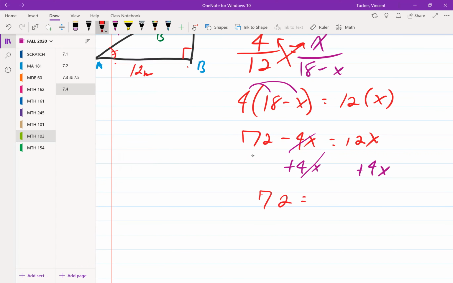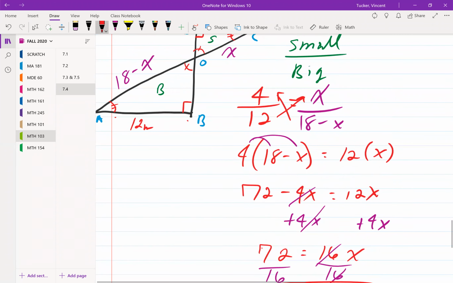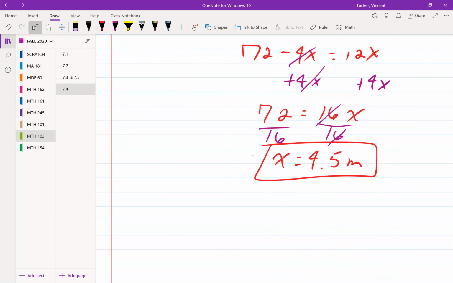That's 72 equal to 16X. And then finish it off by dividing both sides by 16. X is equal to 4.5. That would be meters. All right. And remember, X represented CO, and that's what we were looking for. So our answer is 4.5 meters.